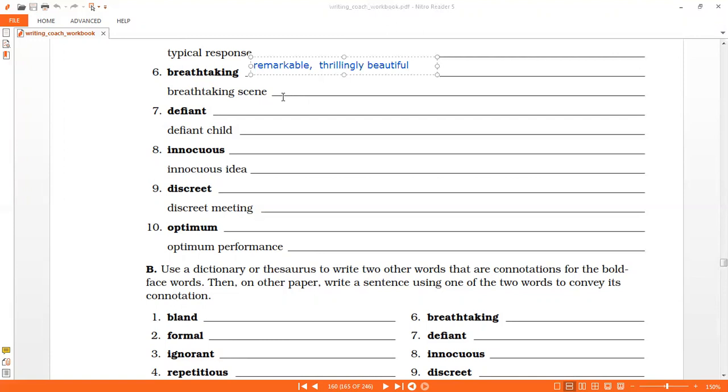So I have used it in a sentence. I have never witnessed a scene as breathtaking as Niagara Falls.